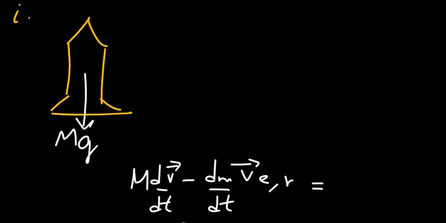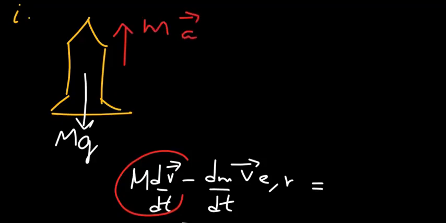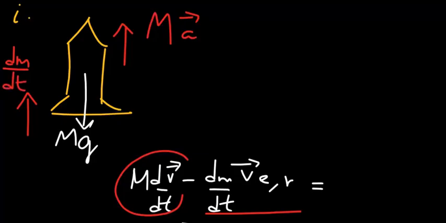Let's look at this equation more closely. The first term is an ma term. The second term is the thrust produced by that exhaust gas, so dm/dt times v_er. And don't forget the effect of the weight.